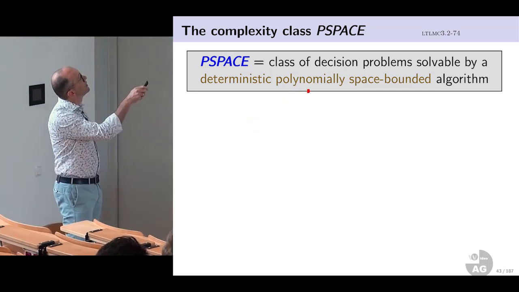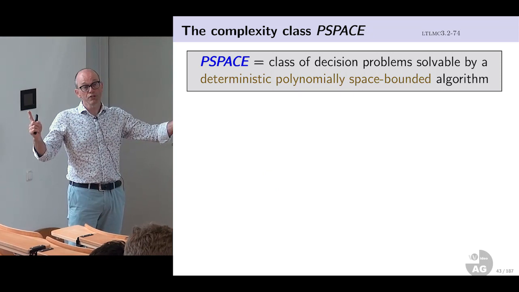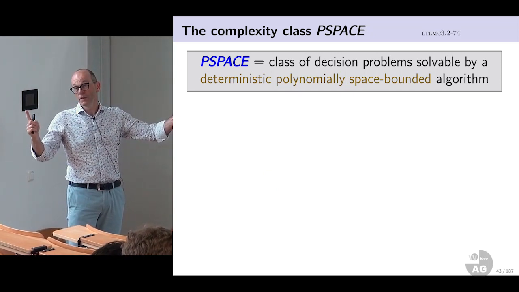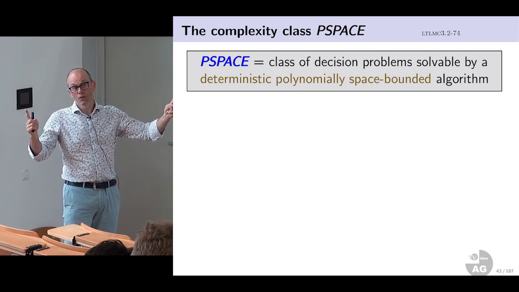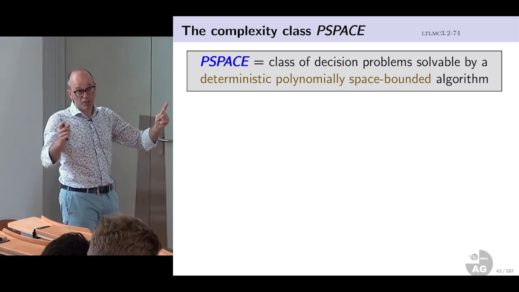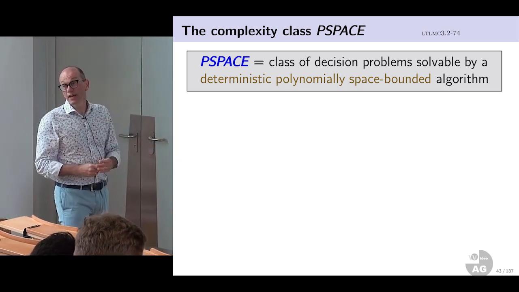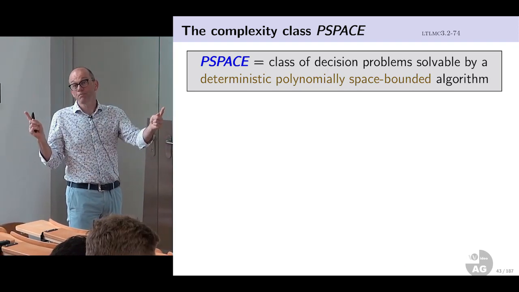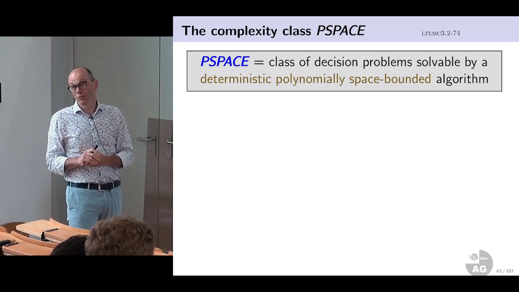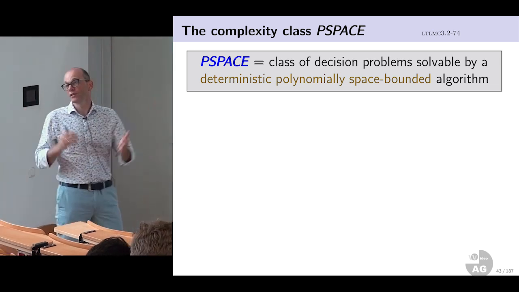Polynomial space-bounded means that the size of the tape that you need in order to solve the problem is, in the worst case, polynomial in the size of the input. So you feed this Turing machine with some input of length n. Now this Turing machine can maximally use a number of tape cells which is p(n), where p is a polynomial in n, like n squared plus 37n plus 2 or something like this. Yeah?